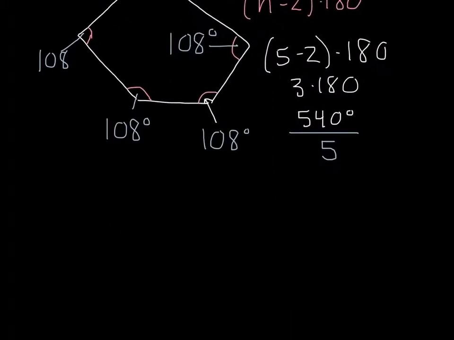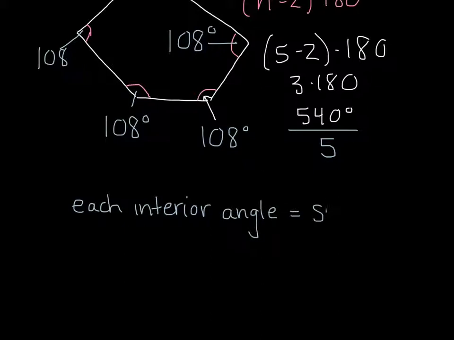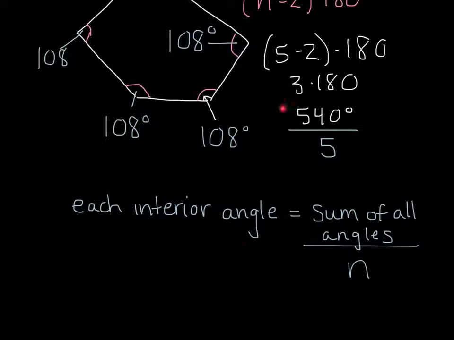So if I want to write a formula for that, I can say that each interior angle, that's an angle on the inside here, is equal to the sum of all of the angles divided by n, the number that you have, because they're all the same, they all add up to this, and there's that number of them, so you just divide to find out what each one of them is.